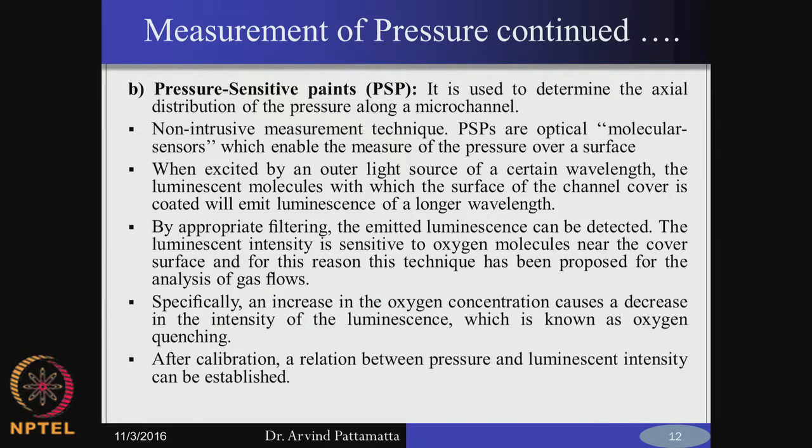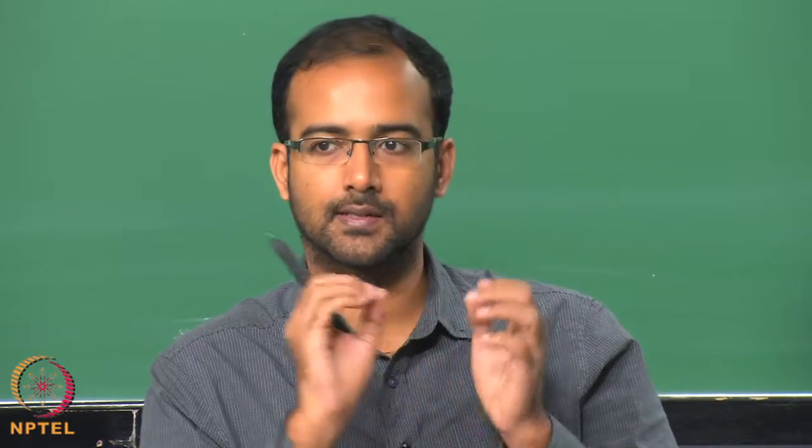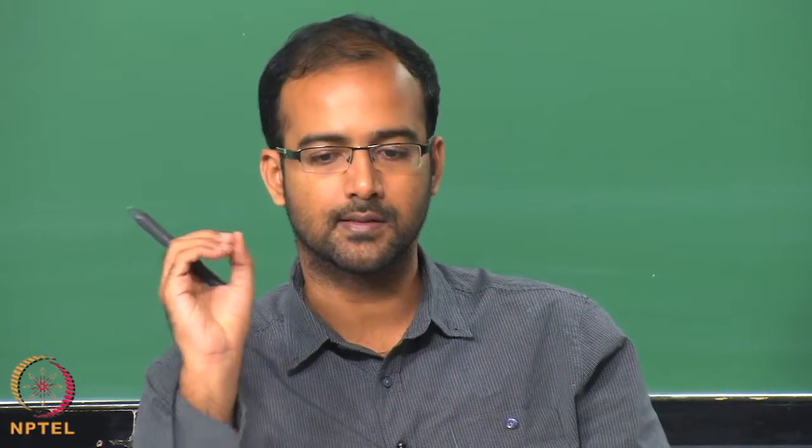For non-intrusive measurements, PSPs are optical molecular sensors which enable the measurement of pressure over a surface. You excite this molecular sensor by an external light source of defined wavelength. If you are using optical white light, then you should know what wavelength you are operating, or if you are operating a monochromatic light source like a laser, you know exactly the precise wavelength that it is emitting.